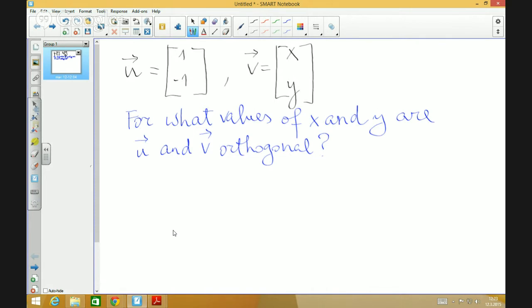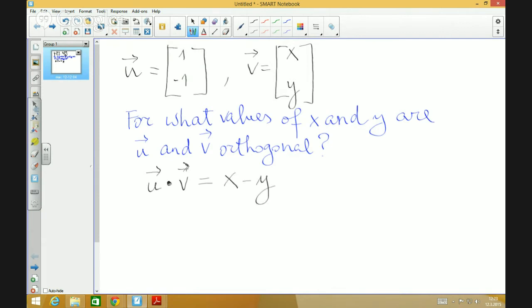So in order to figure out for what values of x and y the two vectors u and v are orthogonal, what we need to do is to compute the dot product of u and v, which is going to be what? x minus y, as one of your colleagues here is saying.